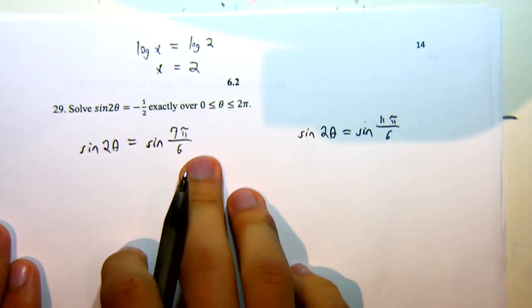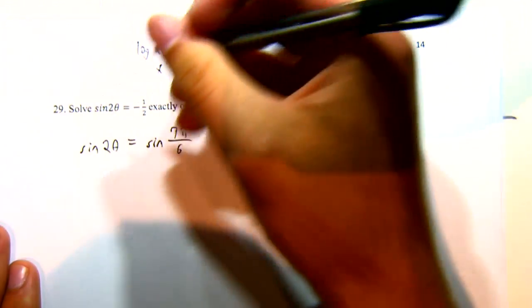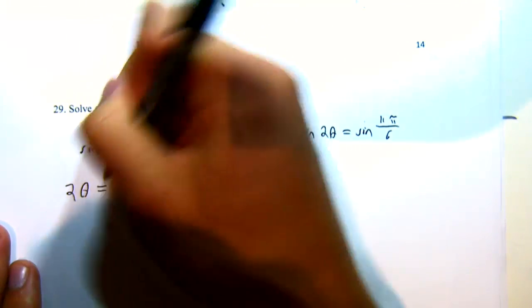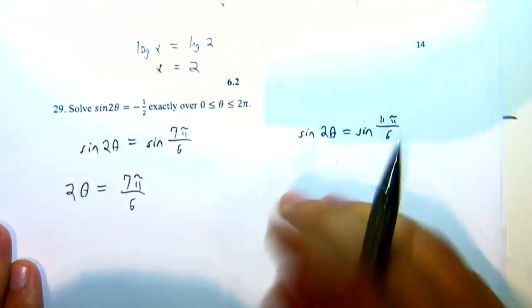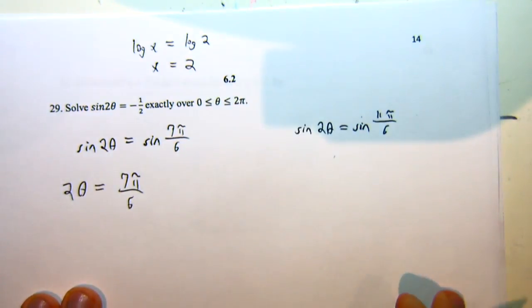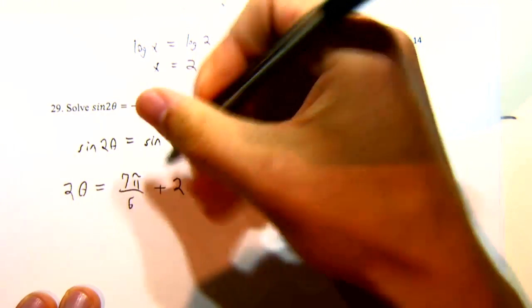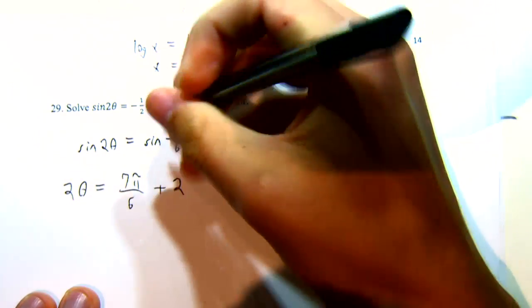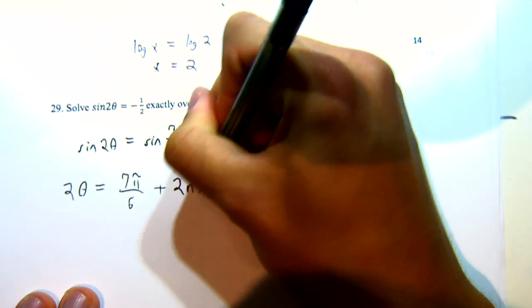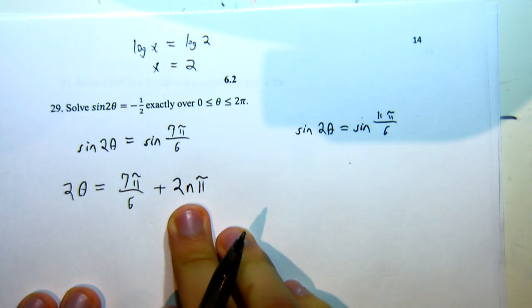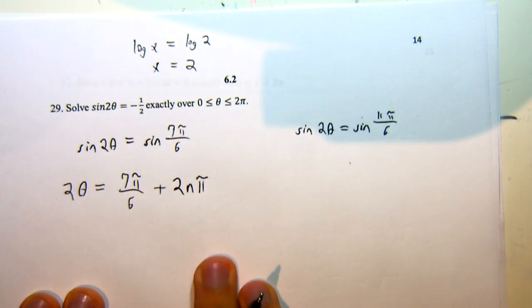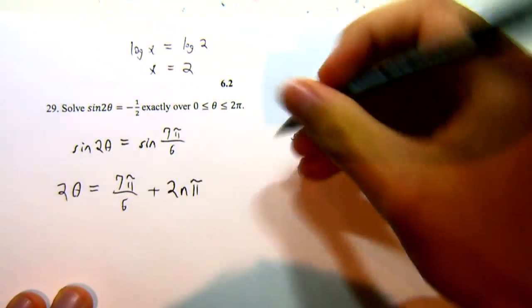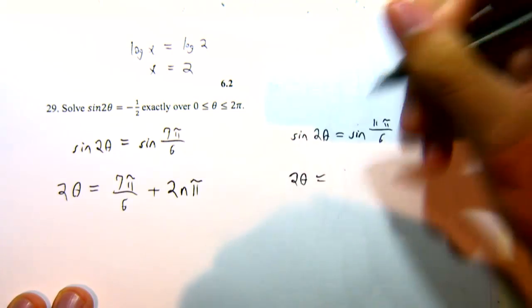So going from there, what we can do is just cancel out those sines. Get 2 theta is equal to 7 pi over 6. And we also know that the answers are going to repeat, right? And they're going to repeat every 2 pi. It could repeat maybe once or twice or 3 times, as long as it's in the interval. This one, same thing.